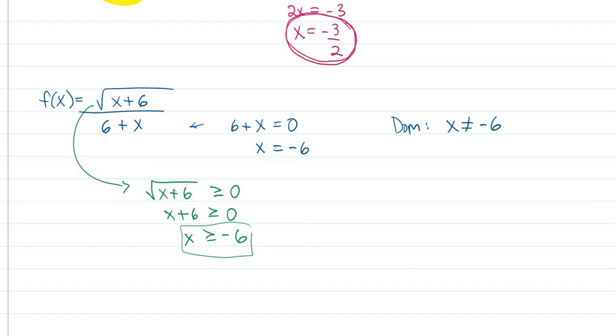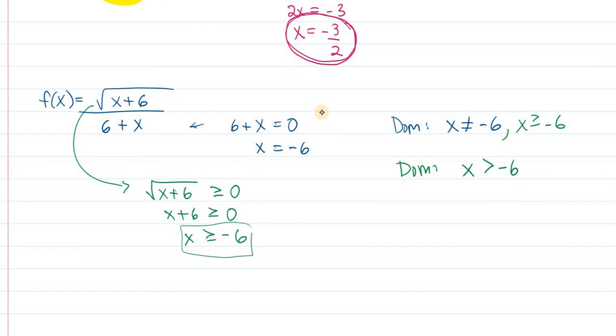And from the denominator, we figured out that we can't have negative 6. So what we need to do is combine these. The easiest way is to say, if x can't be negative 6, and x has to be greater than or equal to negative 6, then let's just say it can't be equal to. So our domain is now x is greater than negative 6, because that covers both of those statements in one statement.